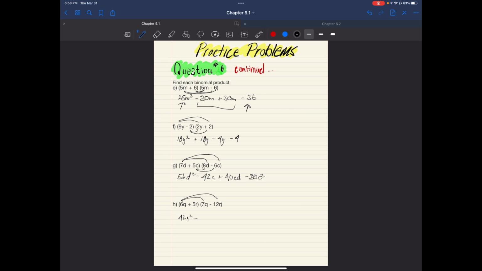So minus 72qr plus 7 times 5 is 35qr minus 60r squared.